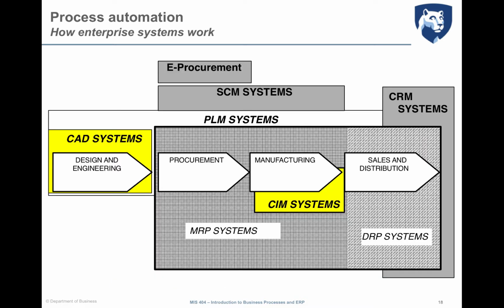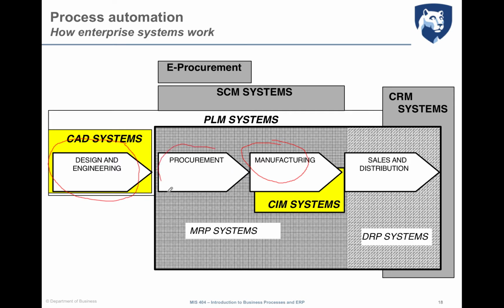Here you can see in more detail how enterprise systems are distributed in a company. This is particularly true for a manufacturing company. For each step of the value chain, we have a potential enterprise system that supports the process. For example, for design and engineering, we have computer-aided design. For manufacturing, we have a computer-integrated manufacturing system.